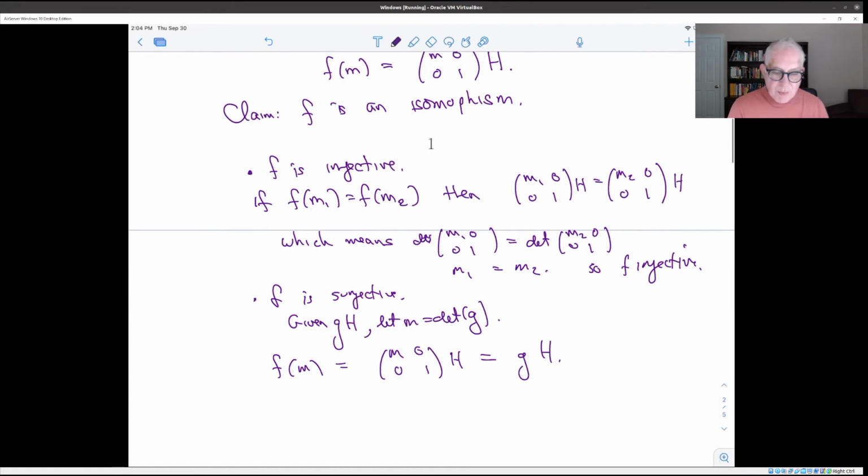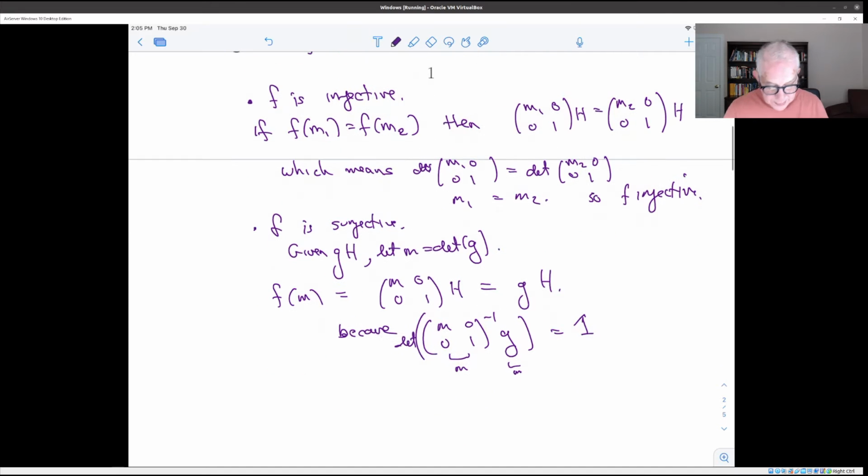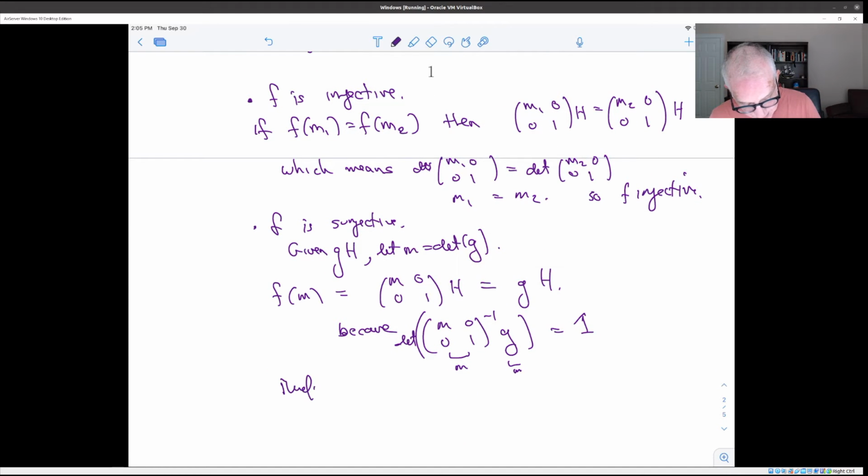And again, we more or less did that before, but we can check that out just by seeing that m001 inverse times G, the determinant of that, is 1, because this has determinant m and this has determinant m, and so m inverse times m is 1. And therefore, f of m, f is surjective.